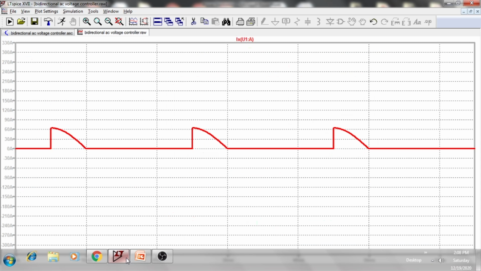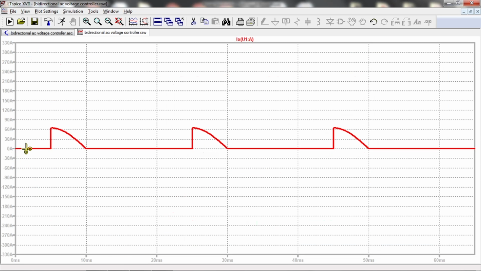We already saw that this is the current flowing through thyristor T1, so this current's RMS I should take. It starts from alpha and goes till pi, and the mathematical model I can use is Vm sin omega t. From here to here it is 0. Only thing is we need to take RMS for this.